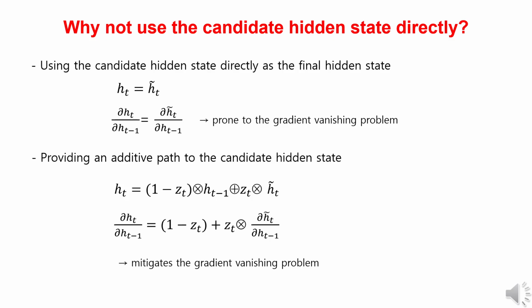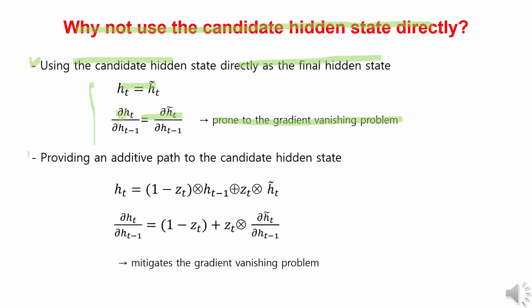Here, let's take a look at why we don't simply use the candidate hidden state as the final hidden state, and instead incorporate the update gate. If we directly use the candidate hidden state as the final hidden state, the model would essentially behave like a basic RNN. In that case, the gradient would pass through multiple multiplicative steps over time, making it more vulnerable to the gradient vanishing problem.